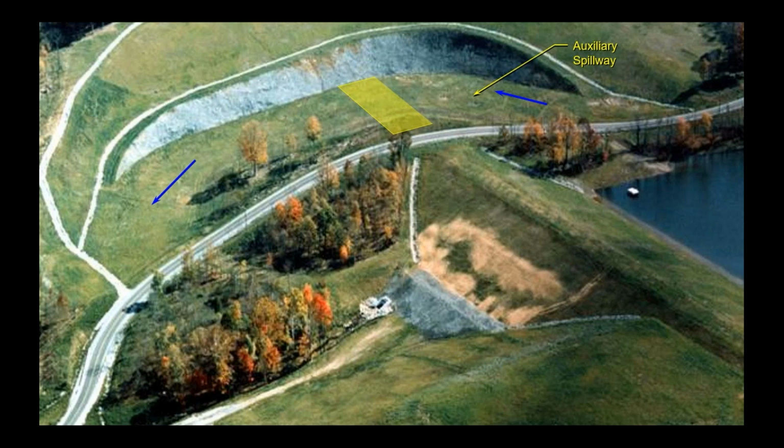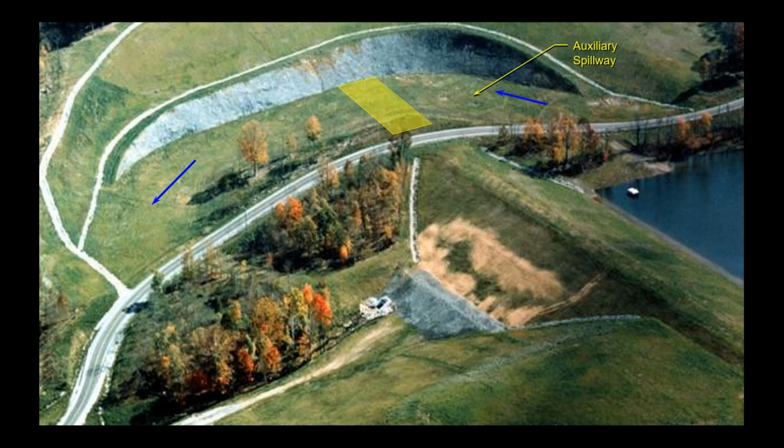Now, when you look at a classic grass-lined earth-cut auxiliary spillway like the one here, you'll have an entrance condition, and that is normally a 2% upgrade until you reach the level control section that's normally in alignment with the crest of the dam. So this rectangle here that you see in yellow, that's a level section, and that establishes the control of the spillway.